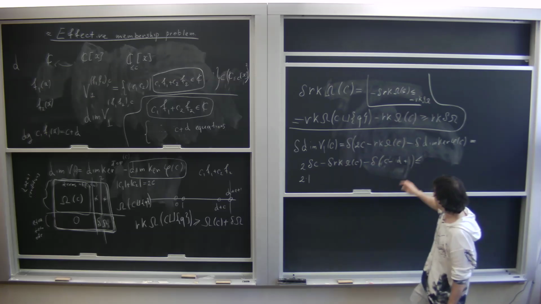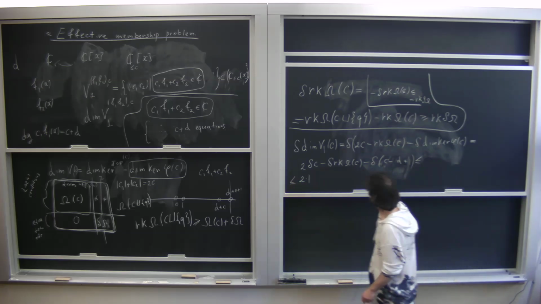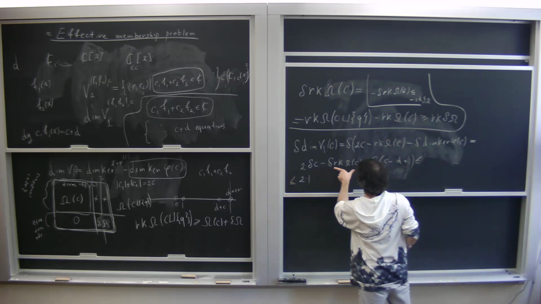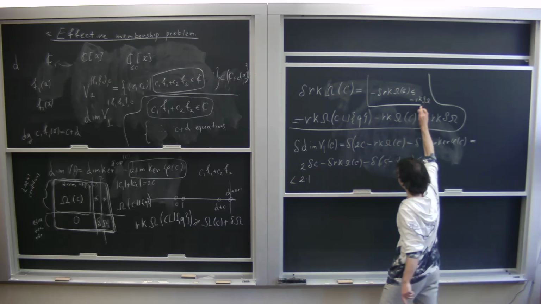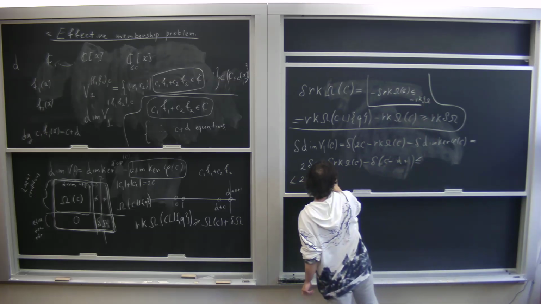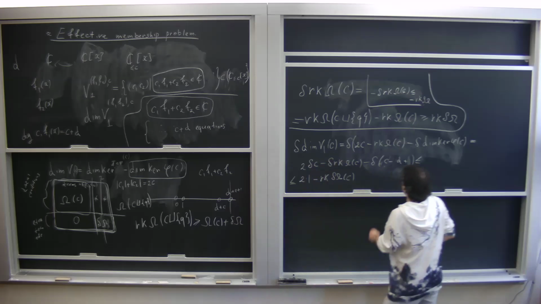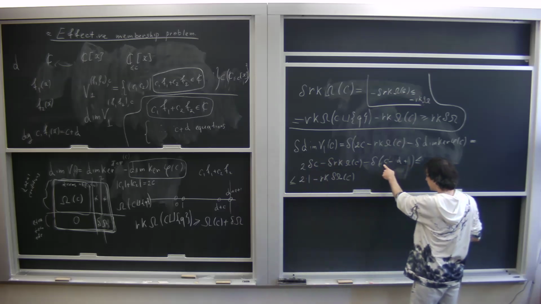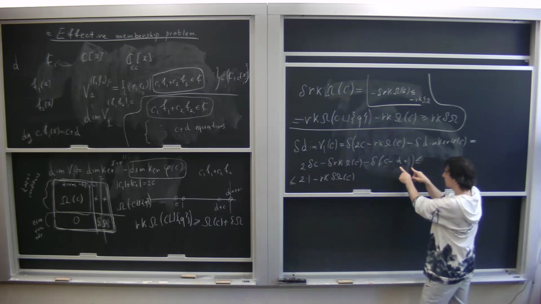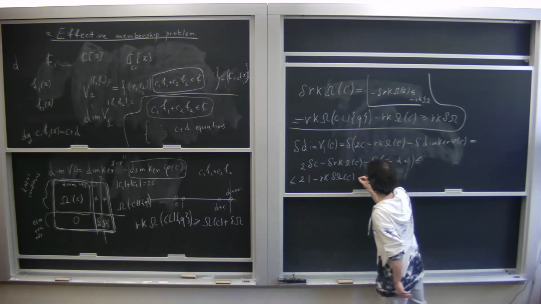So I use the sign of inequality here. And instead of this term, I use this term, minus rank of delta omega of C. And delta C here is constant, just 1.